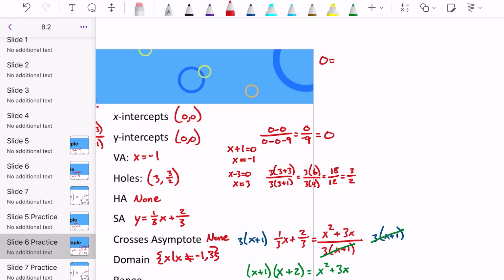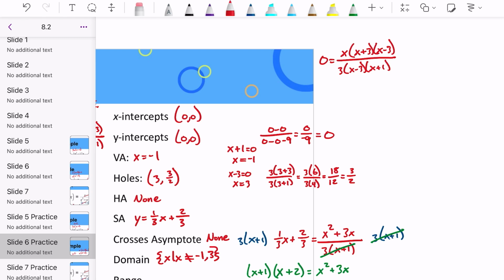You can either use it broken down and factored out to make your life easier, or altogether. Let's just go with it already factored out, which would be x times x plus 3, x minus 3, over 3 times x minus 3 and x plus 1.